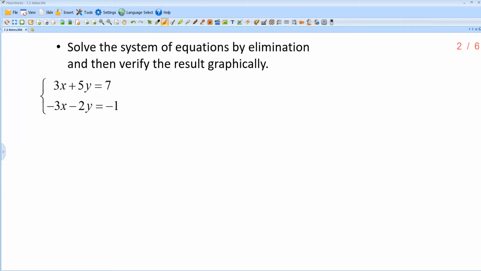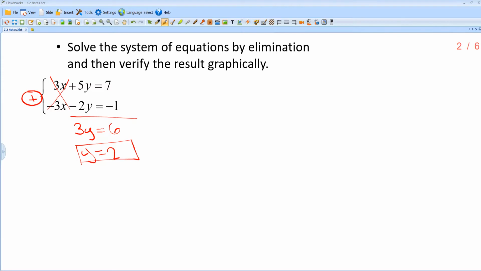So it's a strong thing to recognize here that the x's are already exact opposites, +3 and -3, which allows me to add straight down. When I add that, the 3 x's will cancel, and I'll have 3y is equal to 6. Solving that, I get y is equal to 2.